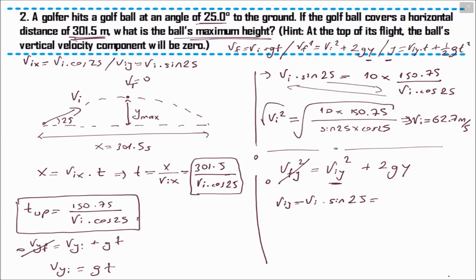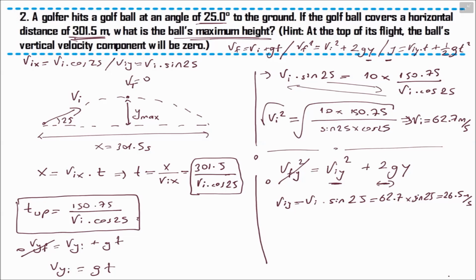So v initial, as we calculated, 62.7 times sine 25. So that will be equal to 26.5 meter per second. Then g is the negative value, 10, 2 times 10 here.